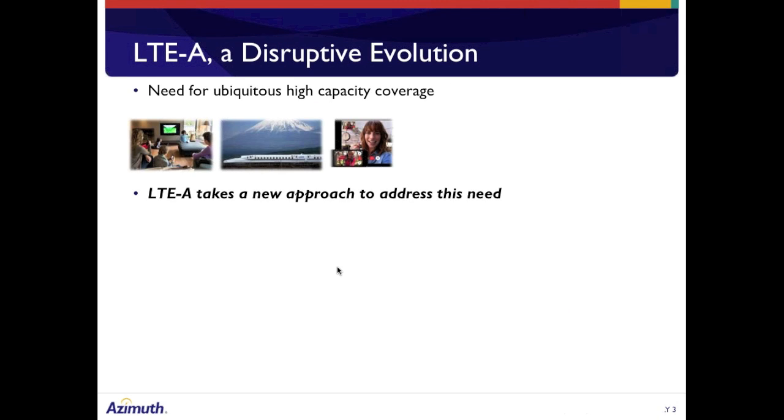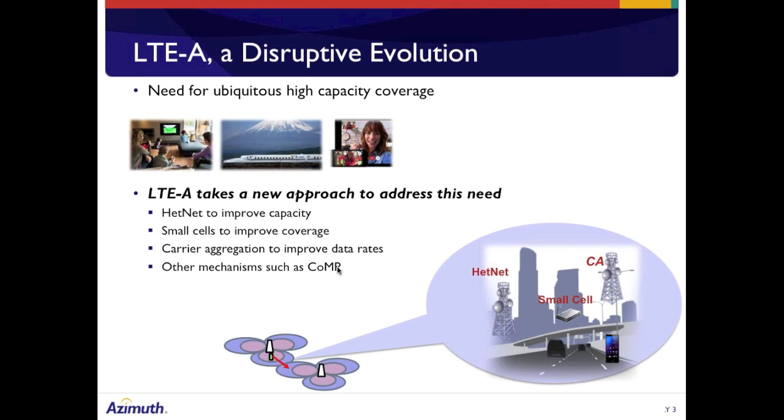When we went from 3G to LTE, that was viewed as a pretty big evolution. We went from SISO to MIMO. We went from WCDMA to OFDM. But this whole move from LTE to LTE Advanced is a huge disruption. Now, if you look at what is driving this disruption, to me, it all comes down to one single thing.